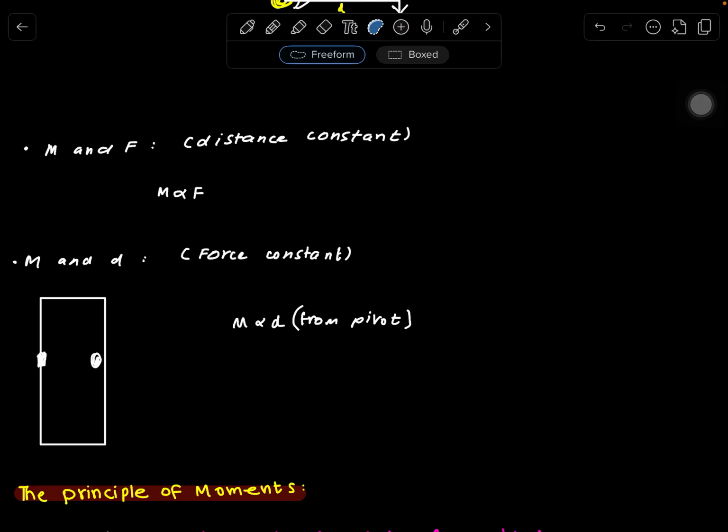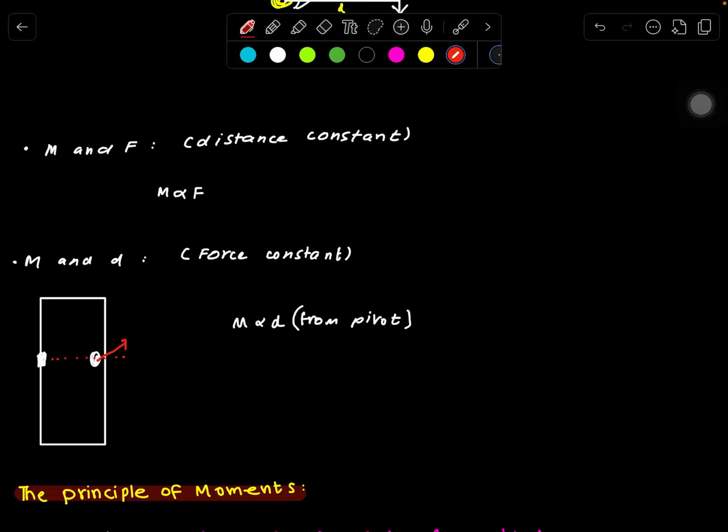The answer is that for the same amount of force, the more distance there is between the pivot and the force, the more rotation you will get, the higher the moment, okay? So you're applying the force inwards, right? And it's really hard to see it on a 2D diagram, but you can think about it when you open a door, or you might want to open a door right now if that's helpful.